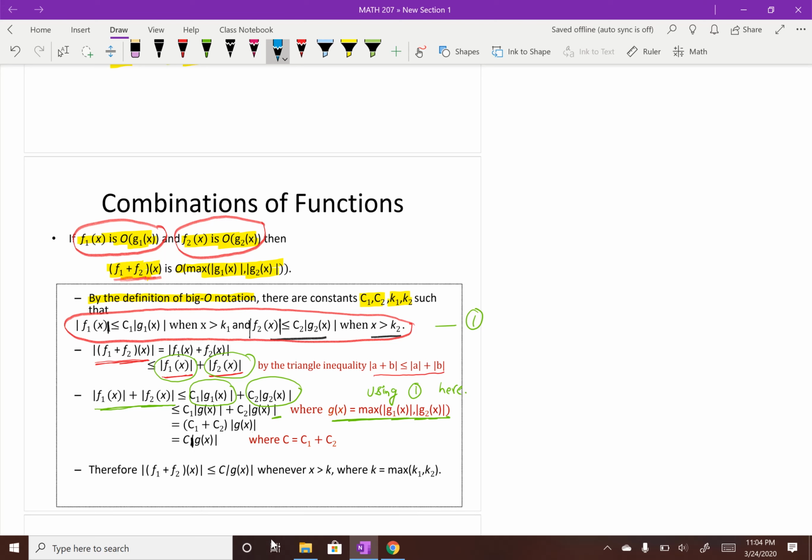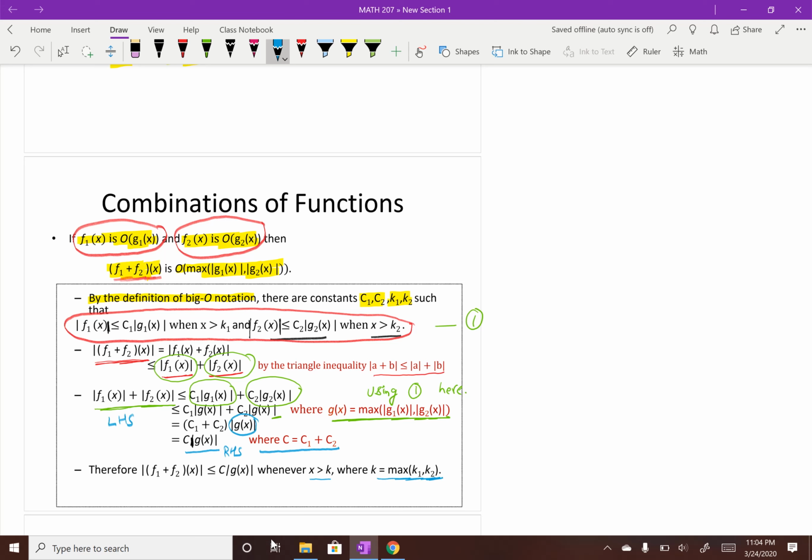Now if I define my constant c as c1 + c2, then (c1 + c2) times the absolute value of g(x) is equal to c times the absolute value of g(x). So I've shown my left-hand side is less than or equal to c times the absolute value of g(x) whenever x is greater than k, where k is the maximum of k1 and k2.